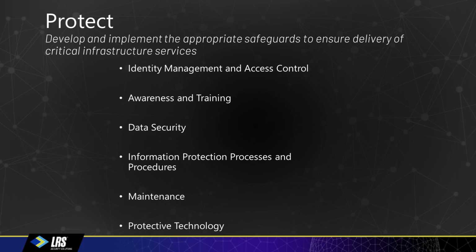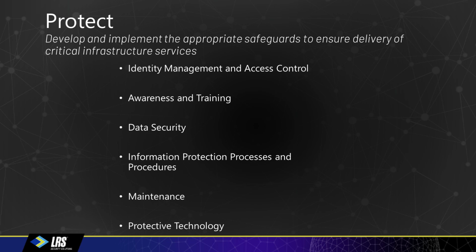As we look at the subcategories in the protect function, we can see that NIST has really looked at protecting our organizations through the lenses of confidentiality, integrity, and availability, the CIA triad for the CISSPs out there, or those who have studied some of the principles of information security.